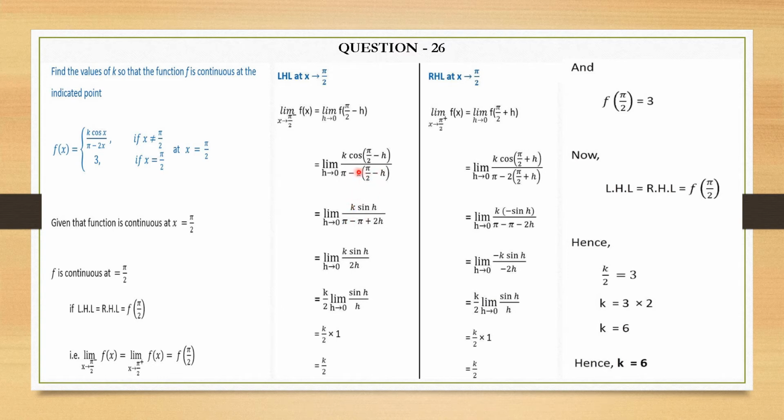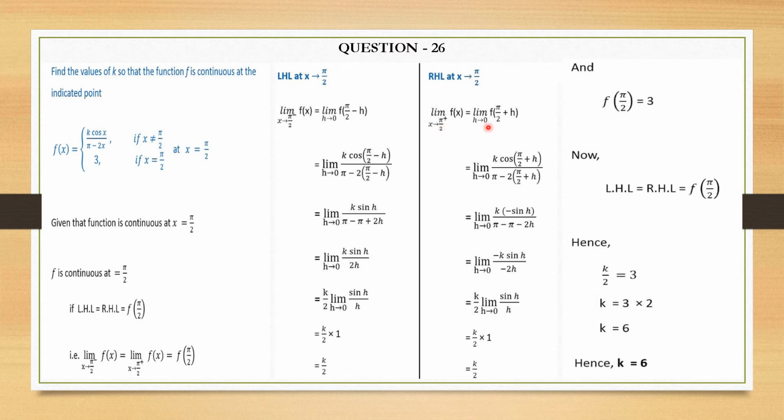Don't forget to multiply the minus 2 inside here. So it becomes plus 2h, and it gets cancelled. So it is k sin h upon 2h. Keep this k by 2 outside, as it is a constant, and the rest is the limit as h approaches 0 of sin h upon h, which is 1, giving k by 2.